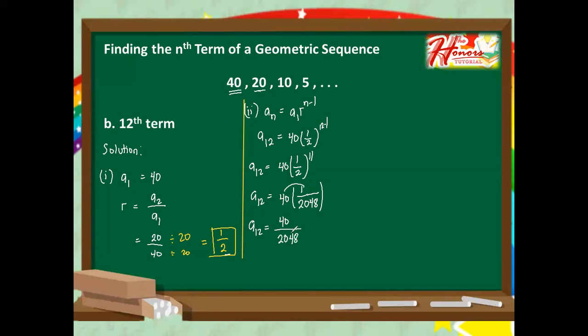Don't forget to simplify this because there's still a number that can divide the numerator and denominator at the same time without remainder. Let's try to use 4. Let's divide it by 4.